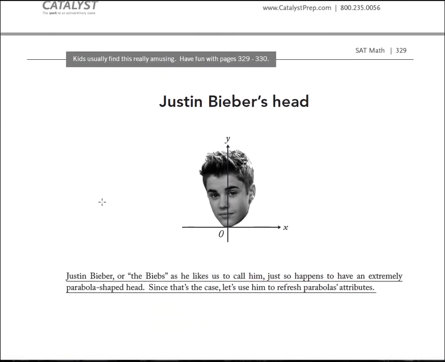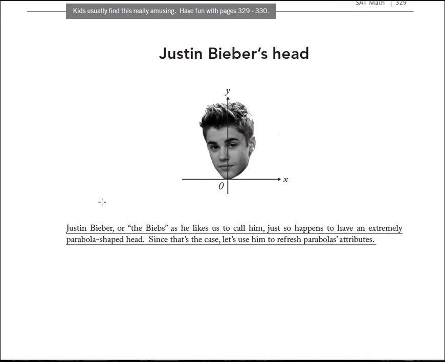What you're going to do here is use page 329, and I'll show you in a few minutes how this worked at the class that I led, but you're going to use Justin Bieber's very parabola-shaped head to teach students, or refresh them, depending on what math your students are in, about parabolas and how they shift and shrink, etc. So you can say to students, at Catalyst, we were trying to think of a way to teach you guys about how parabolas transform, how they shift and shrink, and we were trying to think of something in the natural world that was in a parabola shape, sort of like a U shape.